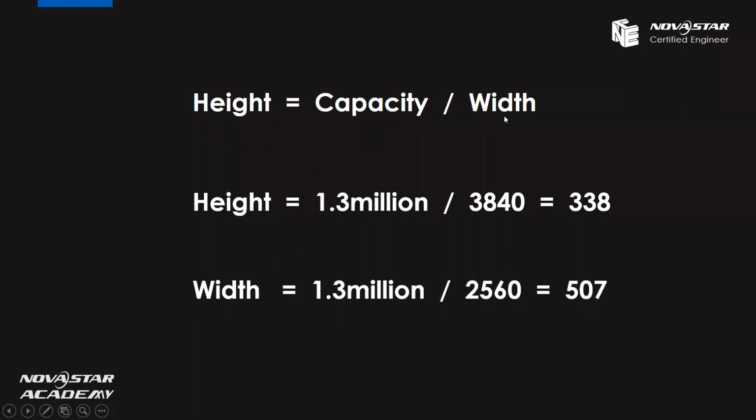The width is equal to the capacity divided by the height. So we use 1.3 million pixels divided by 2560. And then after calculating, we can get the width is 507. Okay, so I think this part is easy for you.